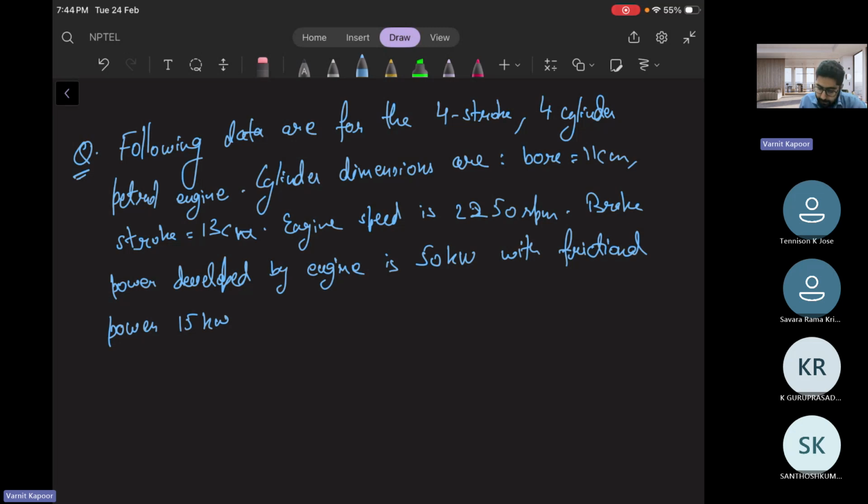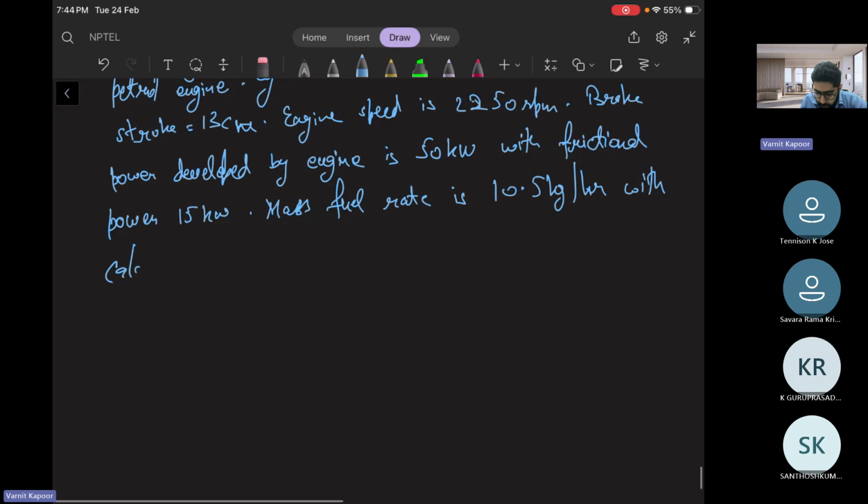Mass fuel rate is 10.5 kg per hour with calorific value of 50,000 kilojoule per kg.